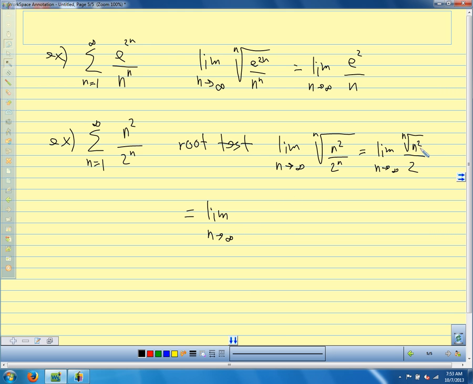What can I do with this exponent? Make it a fractional. Isn't this the same as writing the nth root of n squared, using our rules of exponents, over 2?